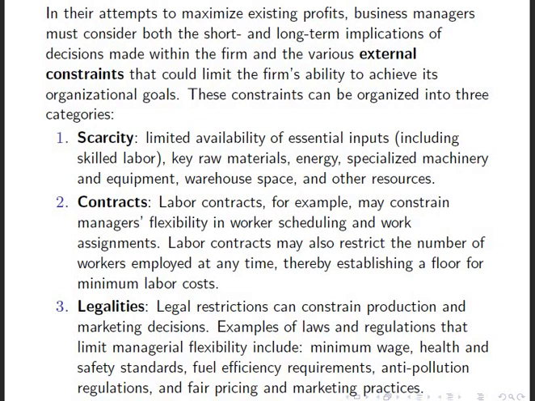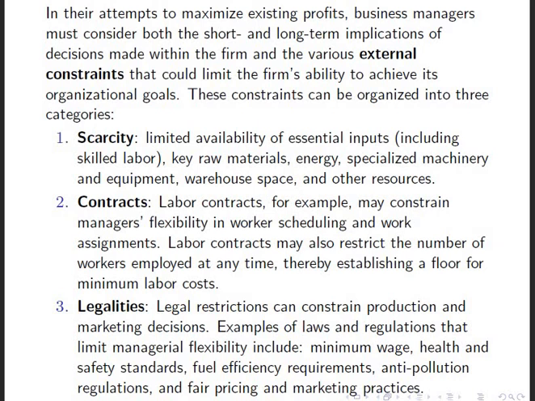Firstly, the first external constraint, resource scarcity, refers to the limited availability of essential inputs, which includes skilled laborers, key raw materials, warehouse space, etc. Moreover, managers often face constraints on plant capacity that are exacerbated by limited investment funds available for expansion or modernization.